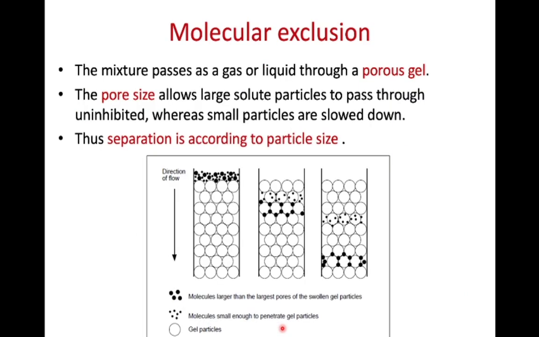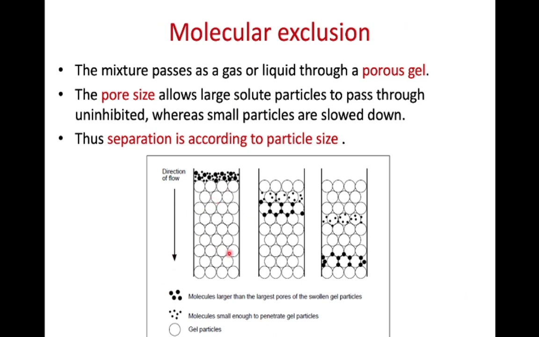Molecular exclusion, so essentially this is a mixture which passes as a gas or liquid through the porous gel. The pore size allows large solute particles to pass through uninhibited, whereas the small molecules are slowed down. So the separation is according to particle size. Here we have the mixture of particles as the direction of flow through the column.